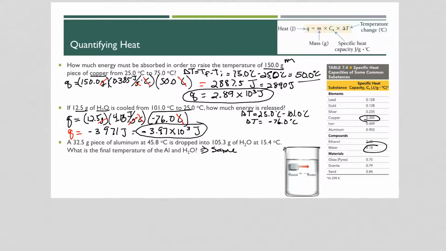Now, I said this one is a bit more advanced because we can't just do a simple Q equals MC delta T, because we don't know all of these values, right?